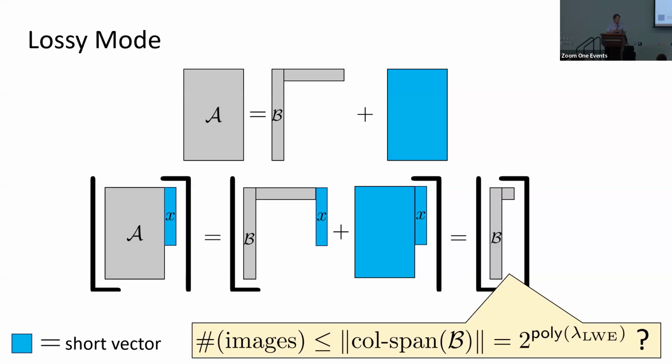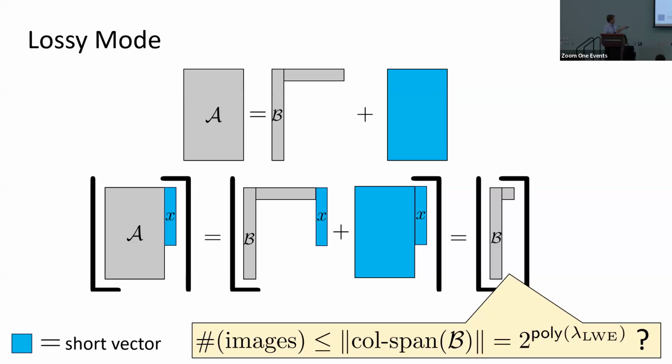So why does this work? Well, if you take A dot x and you expand out the definition of A, you get this thing here. There's one term that's this low rank matrix dot x, and another term that's the error dot x.